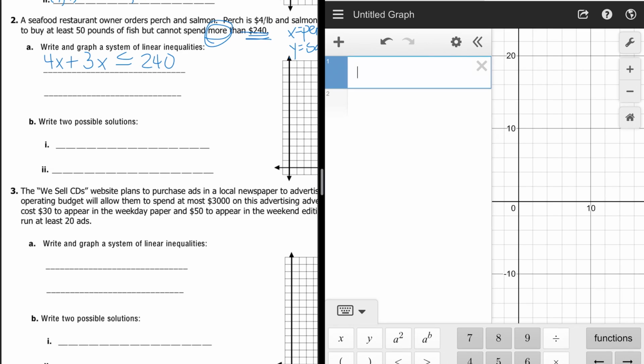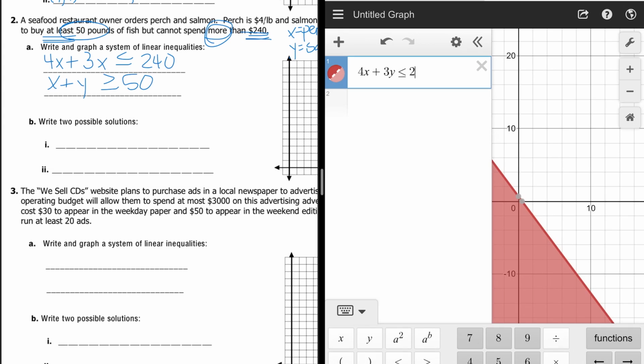There's my cost inequality. Now for the amount inequality, I know that perch plus salmon has to be at least 50 pounds. So I want 50 or more, greater than or equal to 50. So I'm going to come back over to Desmos and type my inequalities. 4x plus 3y is less than or equal to 240.